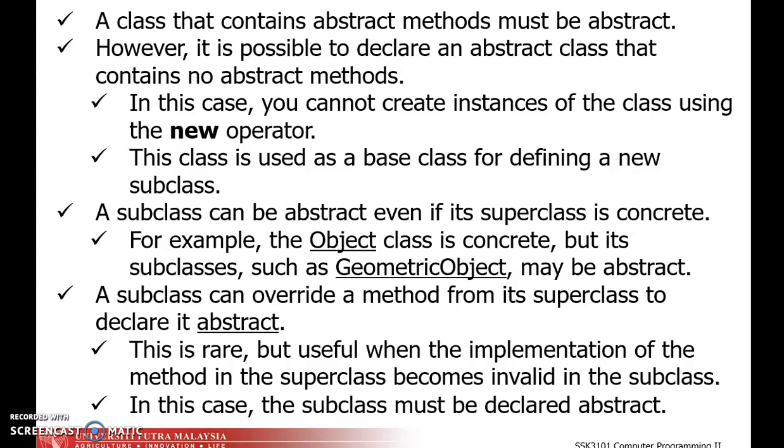Read slowly and insha'Allah you will be able to understand it. Next, a subclass can be abstract even if its superclass is a concrete type. And finally, a subclass can override a method from its superclass to declare it as abstract. But this is very rare, and perhaps I don't have the best example to represent this case.